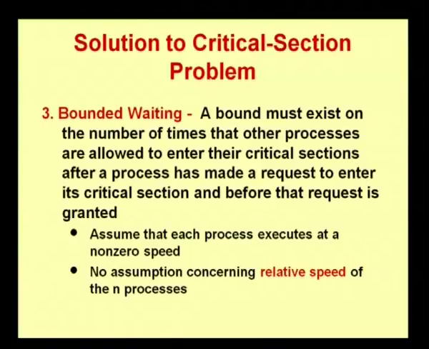How it goes out will be determined only with respect to a bounded wait. Bounded is nothing but that the process is going to wait anyhow. How long that particular process has to wait will be determined by the operating system.